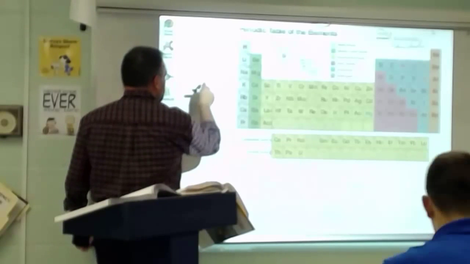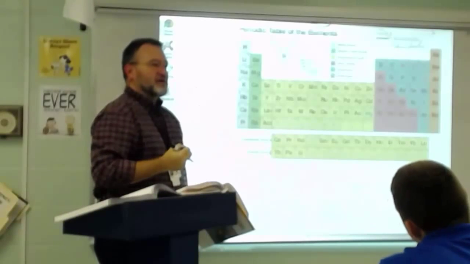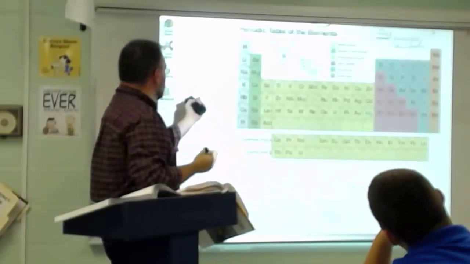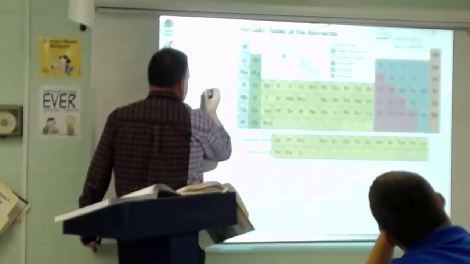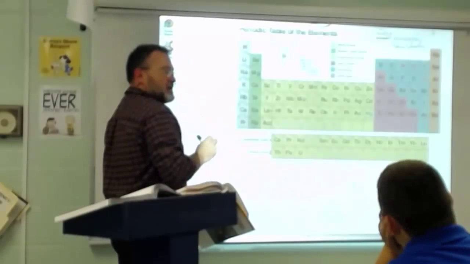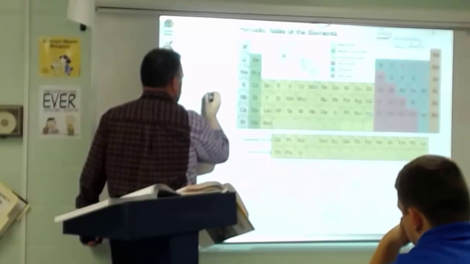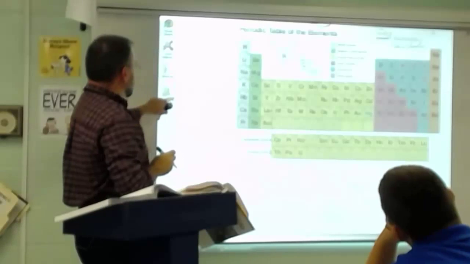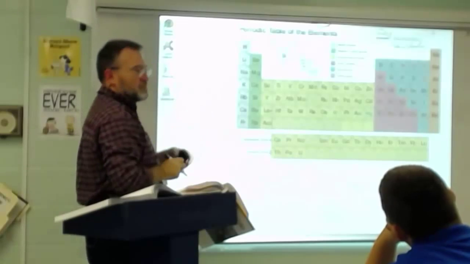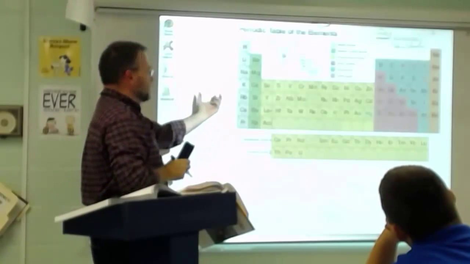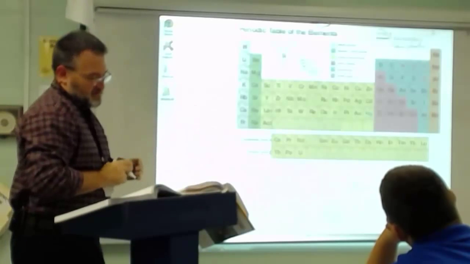How many more do we need here? We need 2, so I'm going to share these. That's my 1 share, and I'm going to bring up another and share 2. So F and O are single bonded and double bonded. It didn't do what I thought it was going to do.